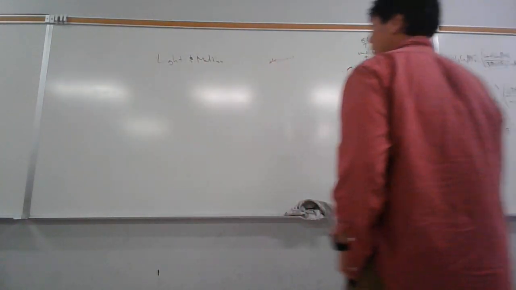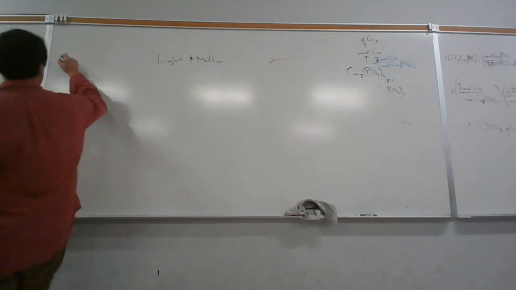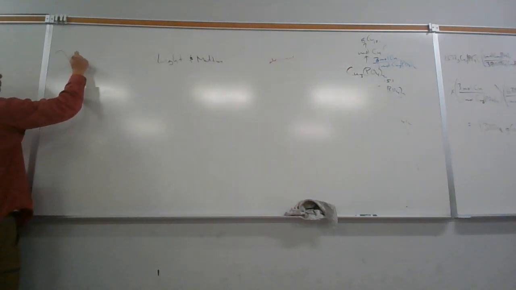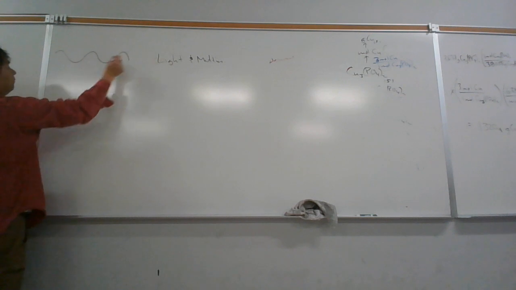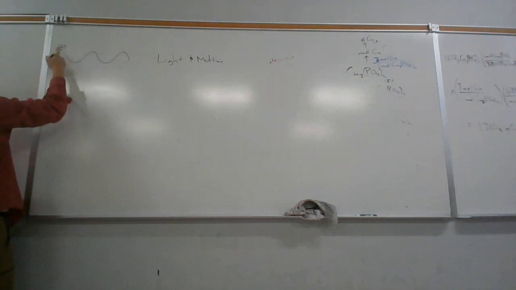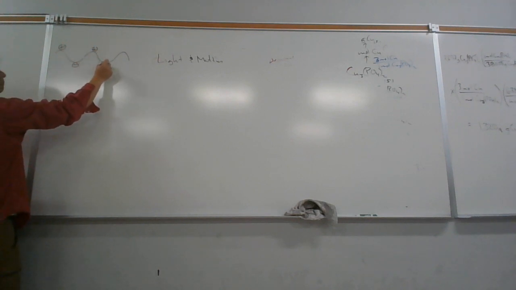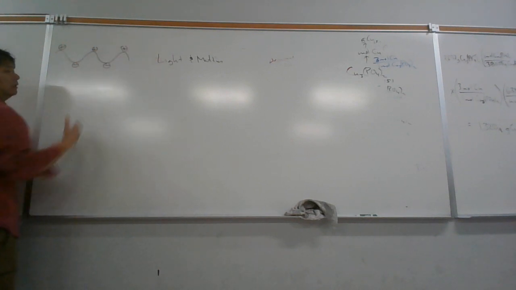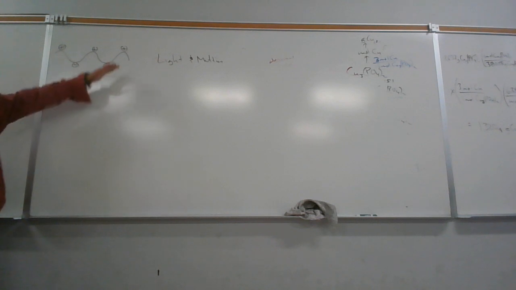When we have a wave like this, as an electric field, let's call the top positive and the bottom negative. An oscillating electric field switches from positive to negative, like this.